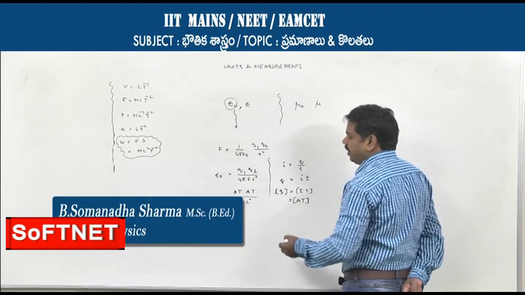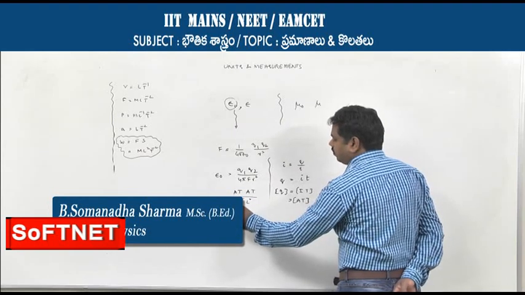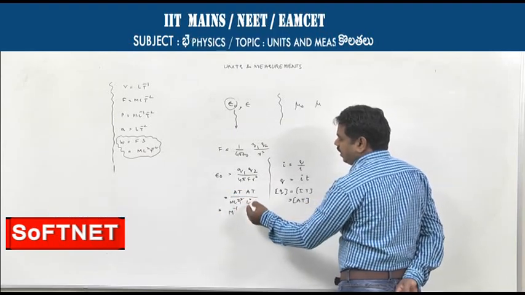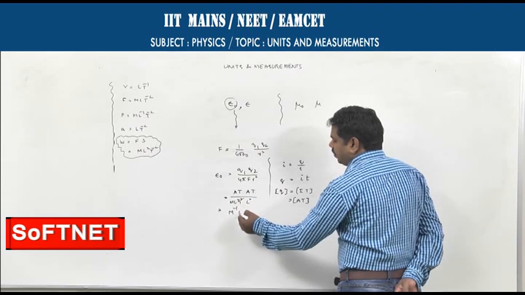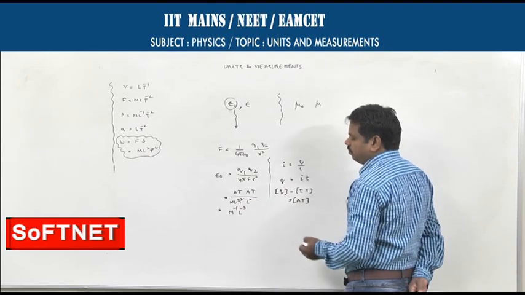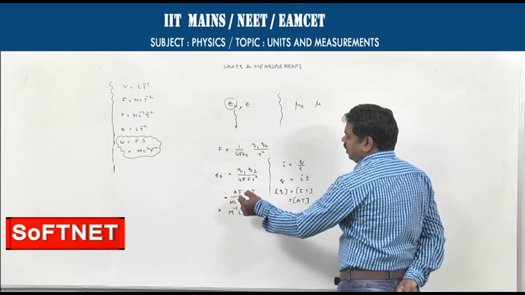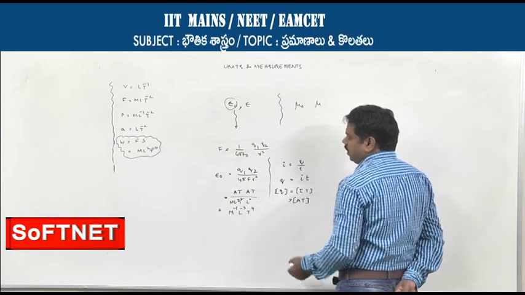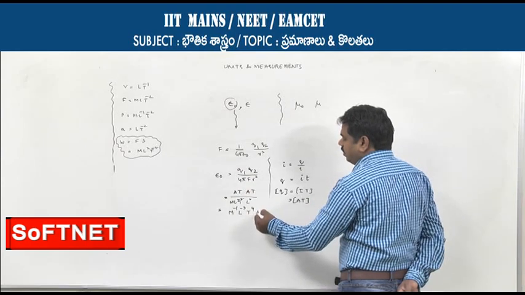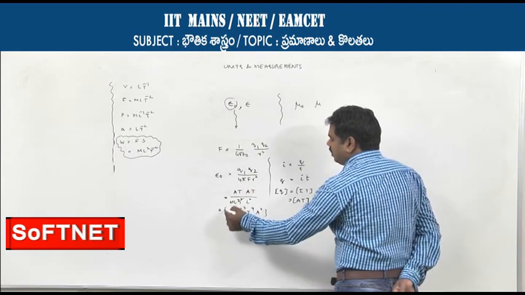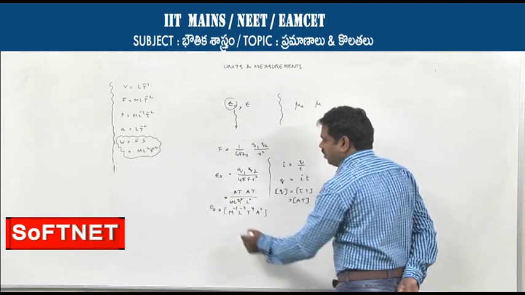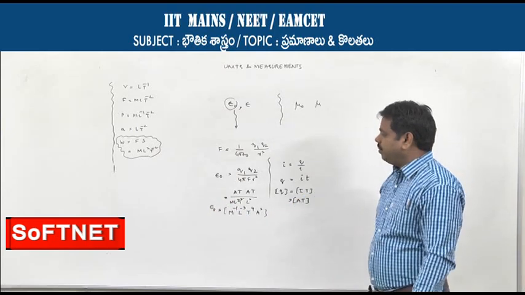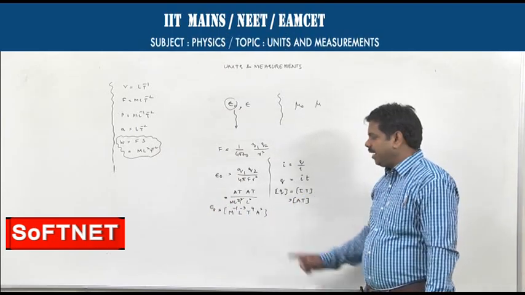Now finally what do you get? M power minus 1, L into L square is L cube, so L power minus 3, T square comes up, so T power 4, and A into A is A square. This is the dimensional formula of the permittivity of the free space or air.